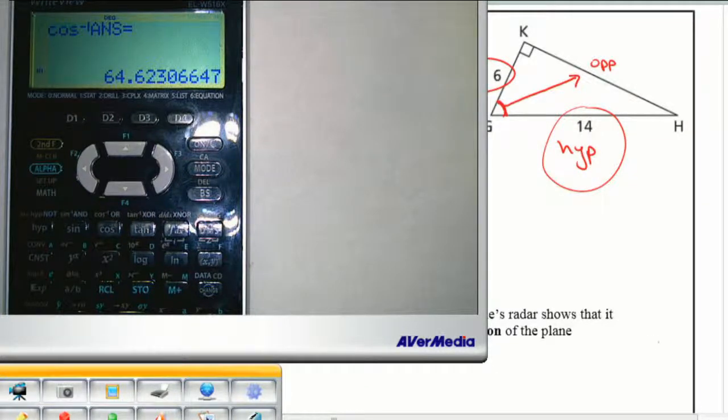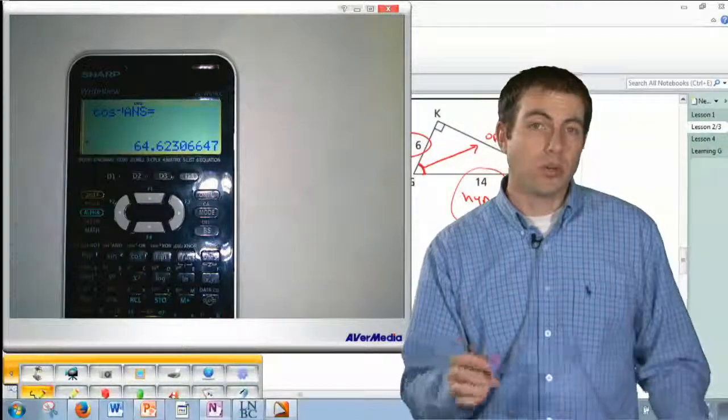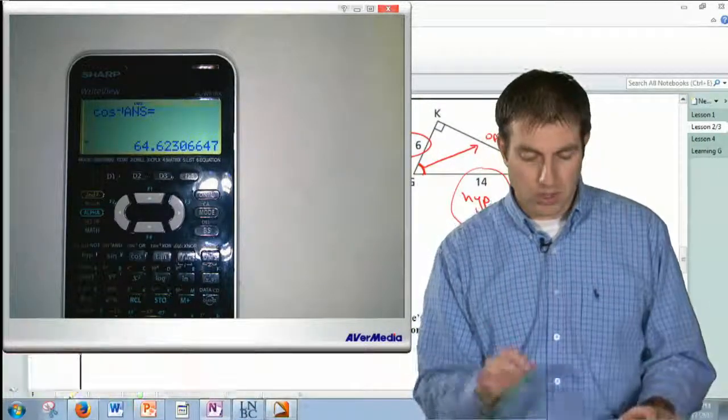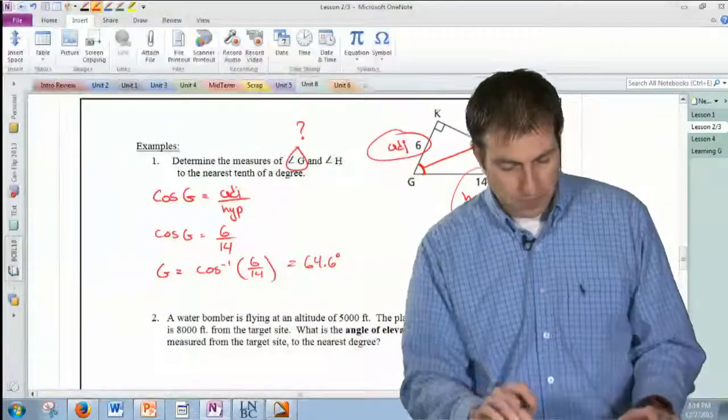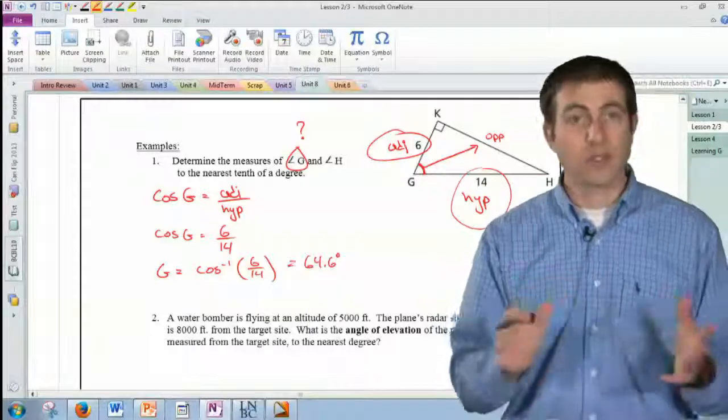So depending on how your calculator works, there are a couple of different ways you might have to do that. It's important to know how your calculator works. Maybe just pick some really simple examples to go with at first, and then you can do some more complicated ones. All right, so that was the first part of the question.